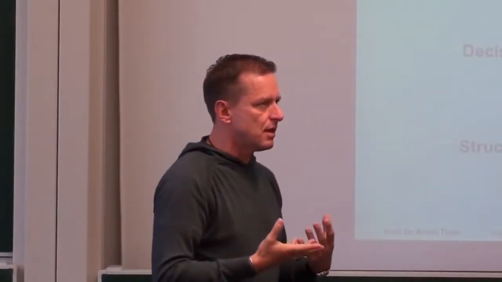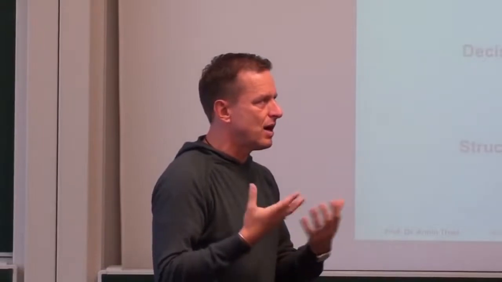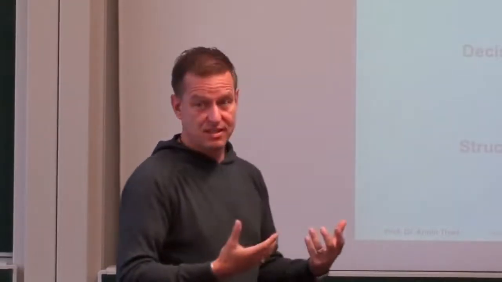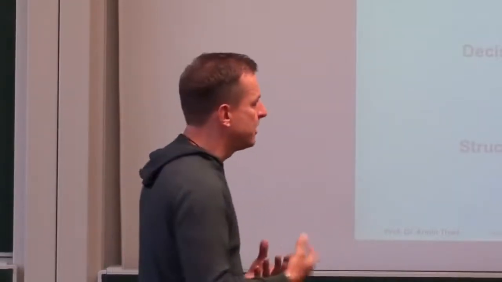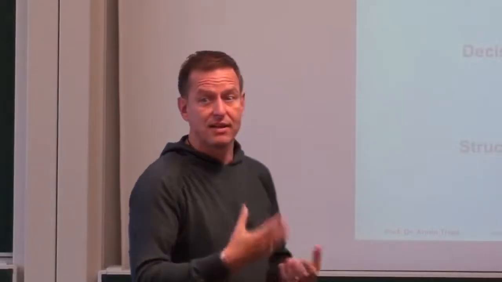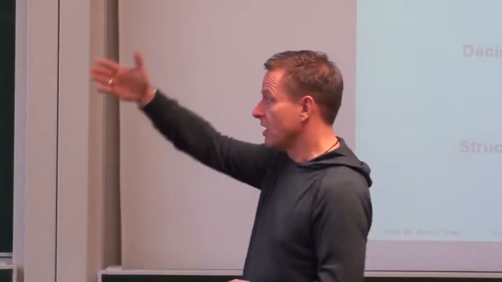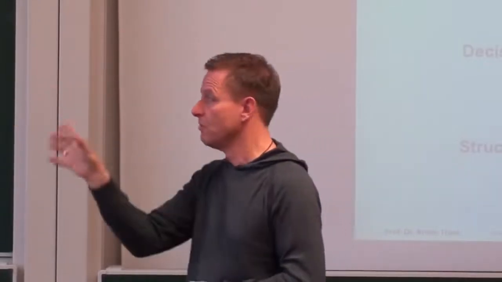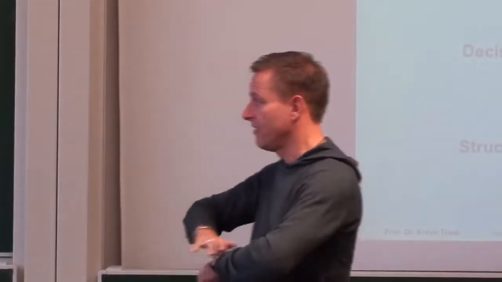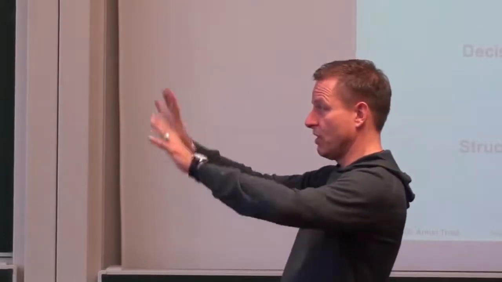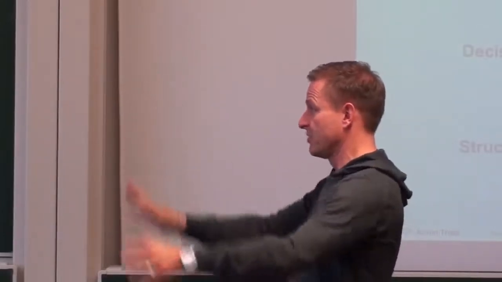There's the idea that people differ in the way they make decisions, right? There are people who are rather rational in their decision. They go to a warehouse. They want to buy a shampoo. They are faced with 30 different types of shampoo.